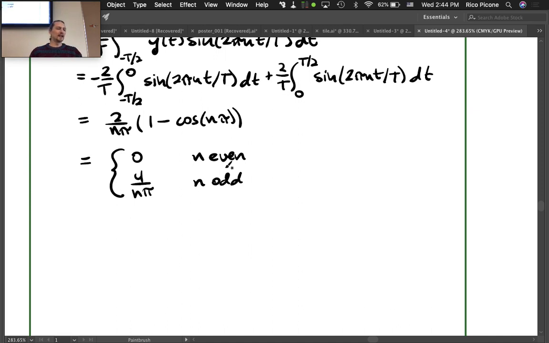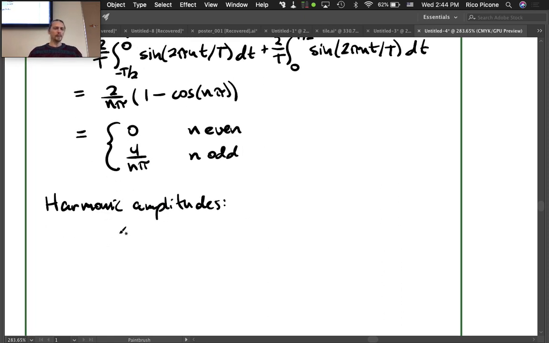And finally, we just need to compute the harmonic amplitudes. The equation is C sub n equals the square root of an squared plus bn squared.